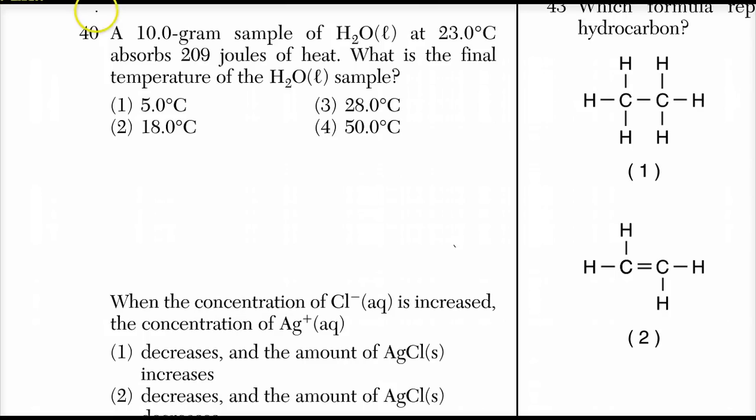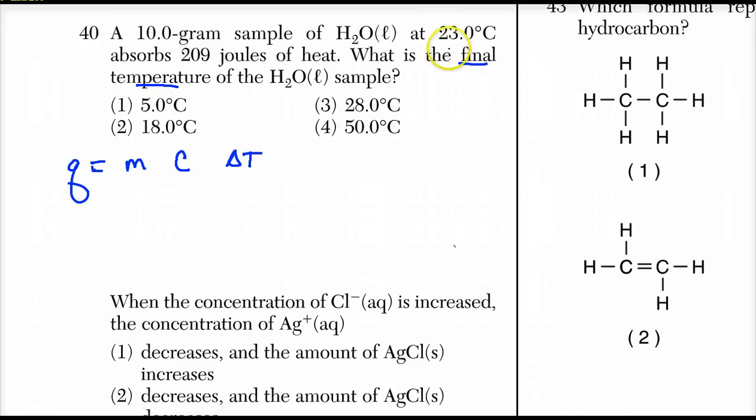Now I'm going to solve this the most simplistic way that I think you could do this. All right, so I'm going to write my formula. Q equals mass of the substance, specific heat of the substance, change in temperature. Now they're looking for the final temperature. So what I'm going to do is solve for the change in temperature.